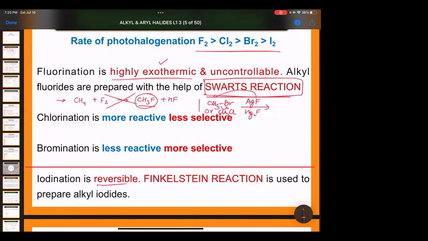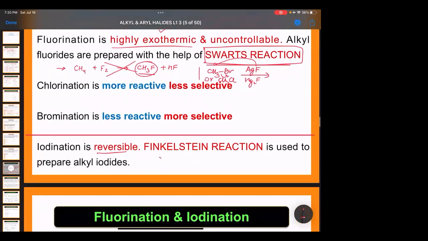It stops in between. So if you take methane, CH4, and suppose you react it with I2 in the presence of light, and you think that you will get something similar to what you observed in chlorination, but to our surprise, the reaction doesn't proceed.